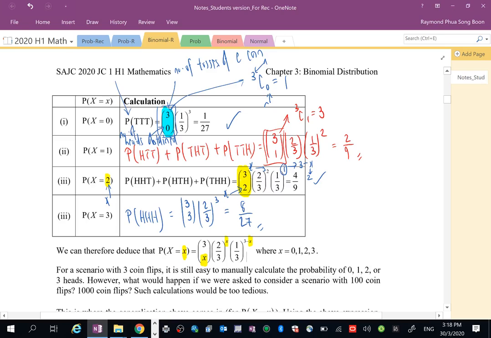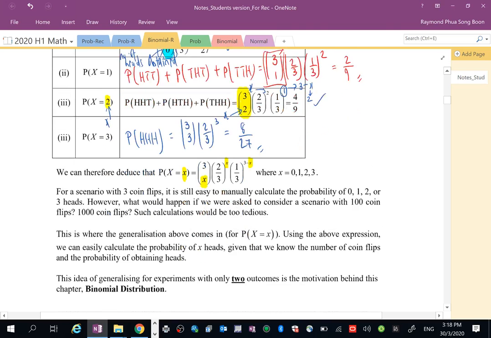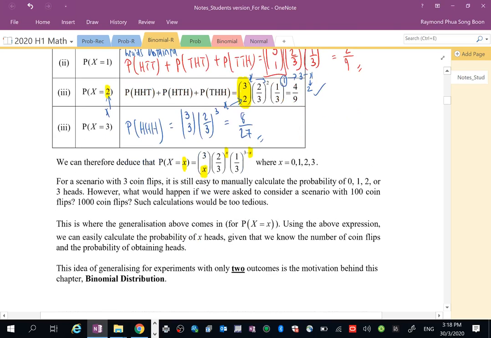However, if we have a scenario with 100 tosses of the coin, or even 1,000 or 10,000 tosses, how are we going to calculate the probability of each outcome in the experiment? Then it will be too tedious.